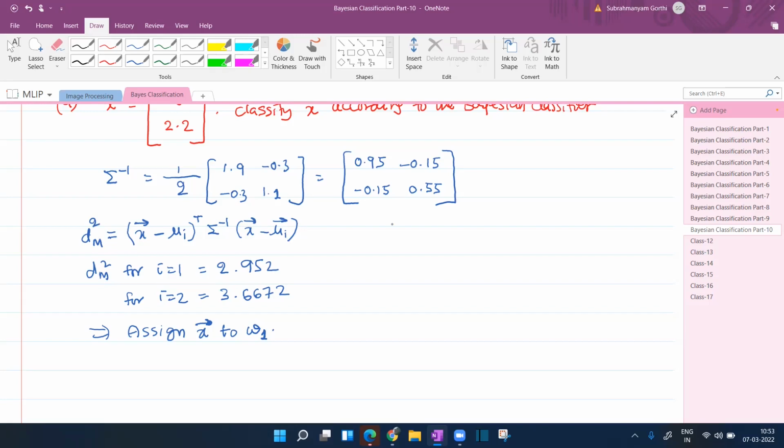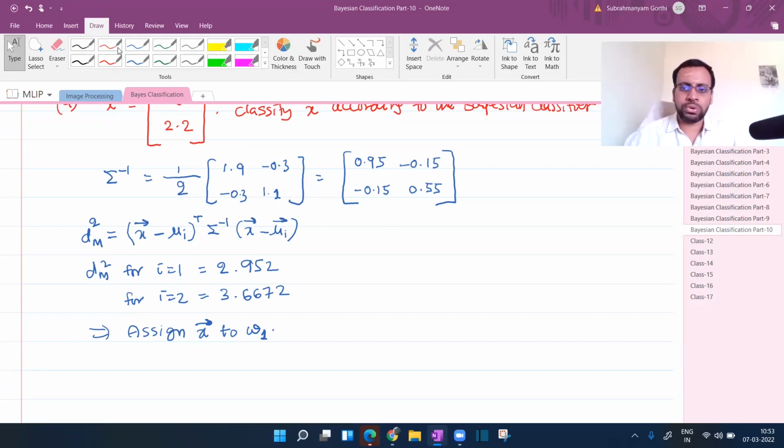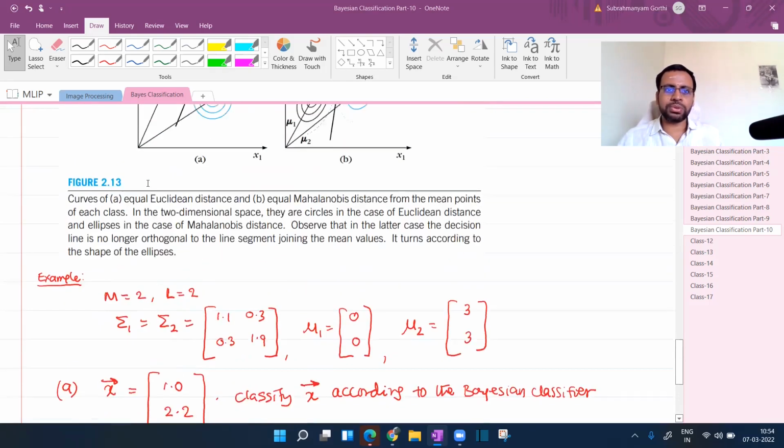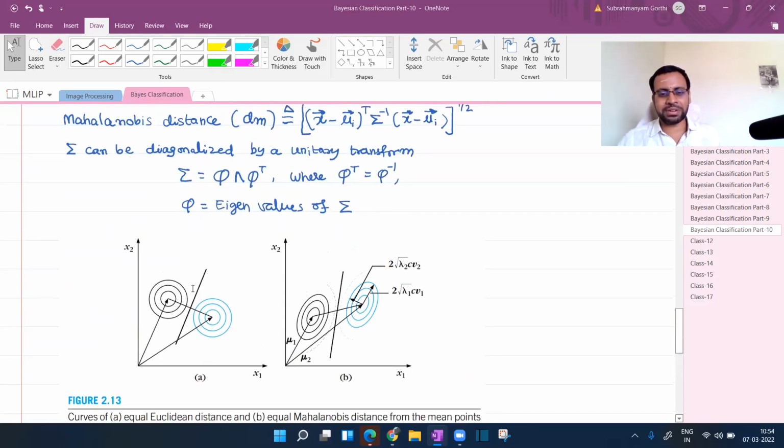So each of those classes is equiprobable, even when you look at the likelihoods and prior probabilities put together. So you could say it cannot be decided, or you assign it to either omega 1 or omega 2, which is a very unlikely case. But that's what would happen along the decision plane. If that point x bar I gave you is along this decision plane, that is when you get both to be the same. Is it not?